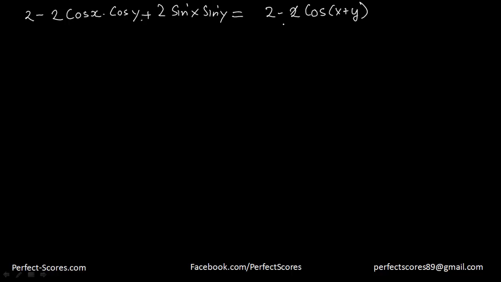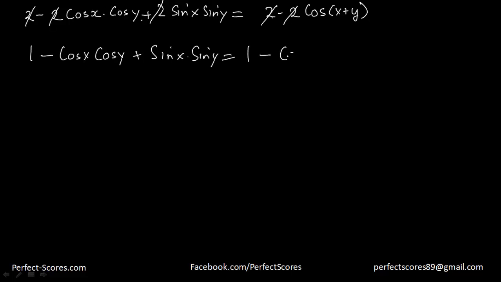Now what we can do is eliminate this 2 throughout, which is very consistent everywhere. So we're going to have 1 minus cos of x into cos of y plus sine of x into sine of y, which is equal to 1 minus cos of x plus y.